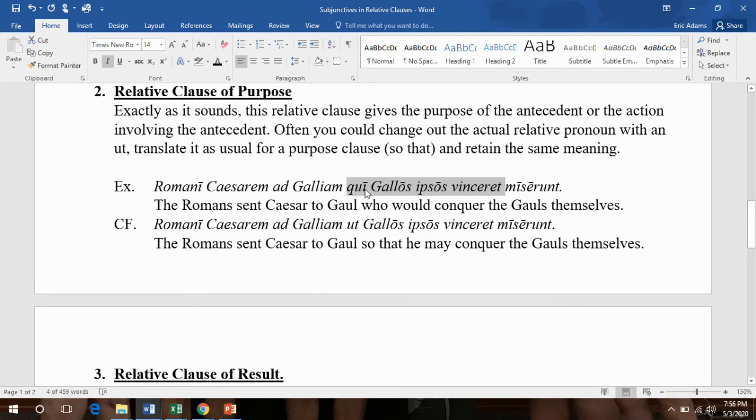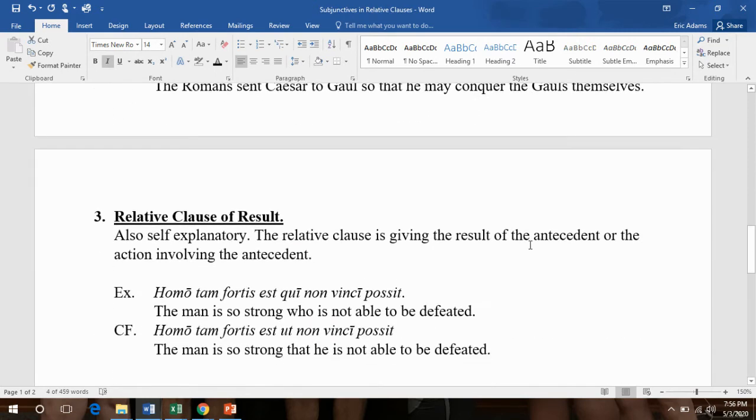We're saying that it's the purpose of Caesar being sent to Gaul. And so, look at the sentence, and all I've done is replace the qui with an ut, and thus it is the exact same meaning. The Romans sent Caesar to Gaul so that he might conquer the Gauls themselves. And so it is the relative clause of purpose.